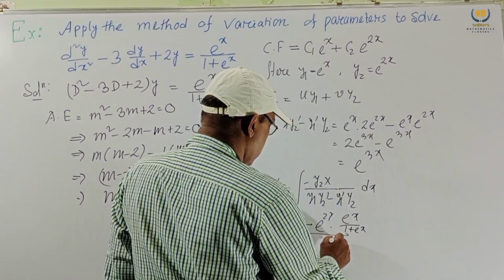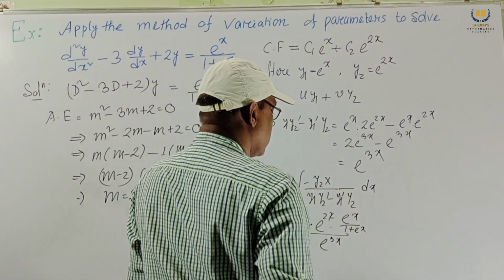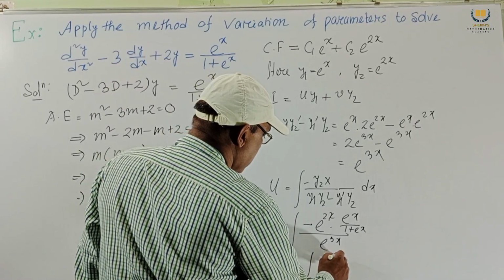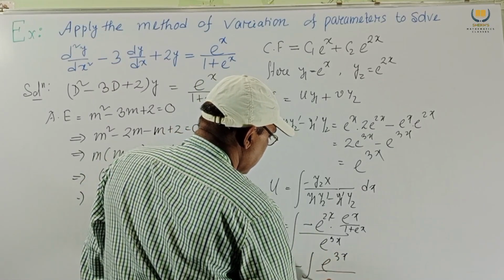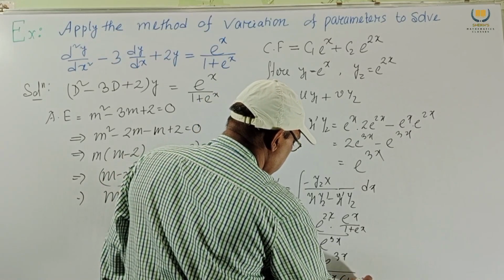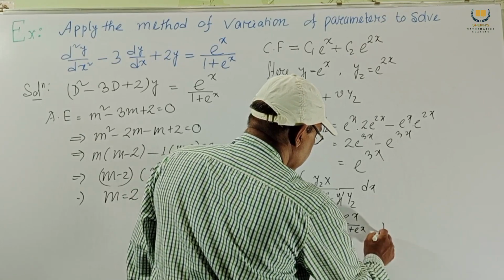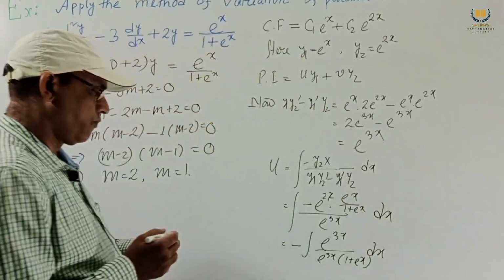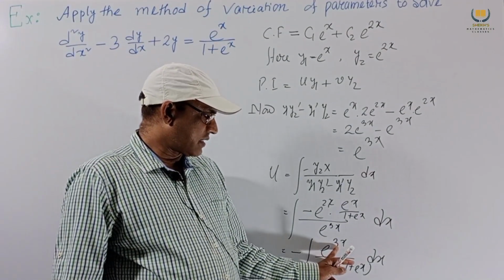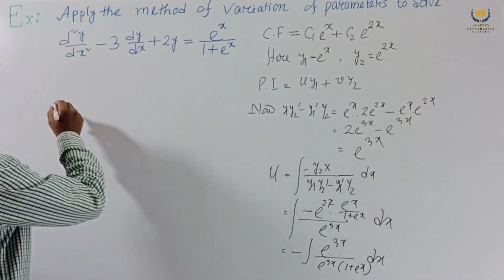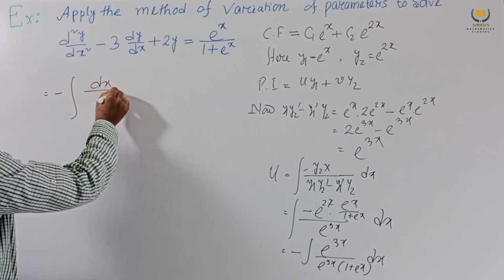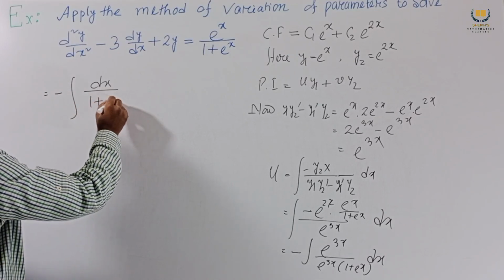So we get minus integral of e to the power 3x by e to the power 3x times (1 plus e to the power x) dx. So e to the power 3x, e to the power 3x cancel. We get minus integration dx by 1 plus e to the power x.